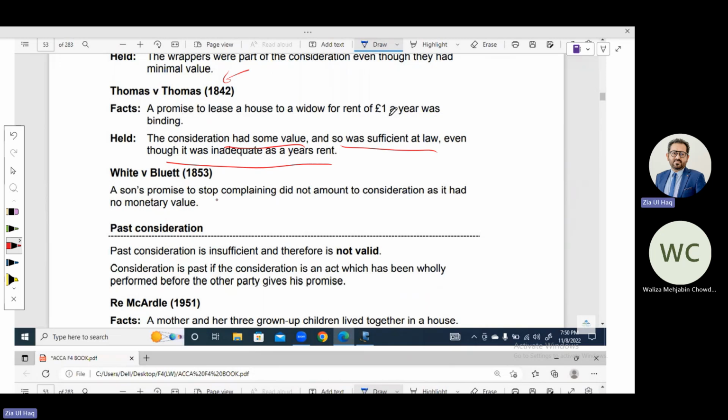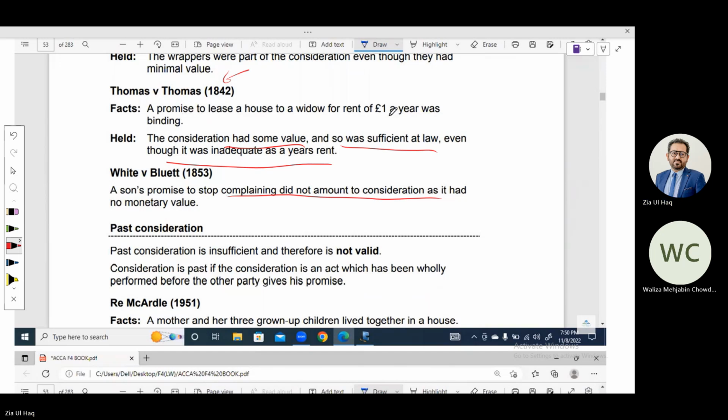A son's promise to stop complaining did not amount to consideration as it had no monetary value. I mean, there was a contract between father and son, and father said, okay, if you will not complain about me, about my behavior, I will pay you a certain amount.